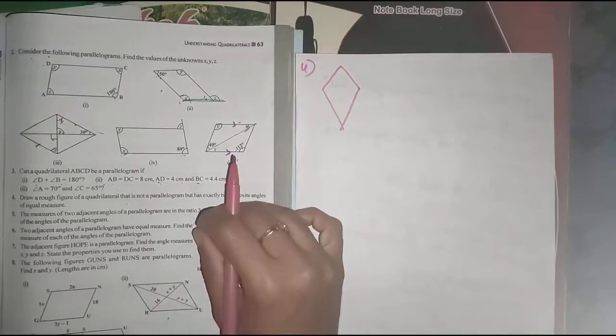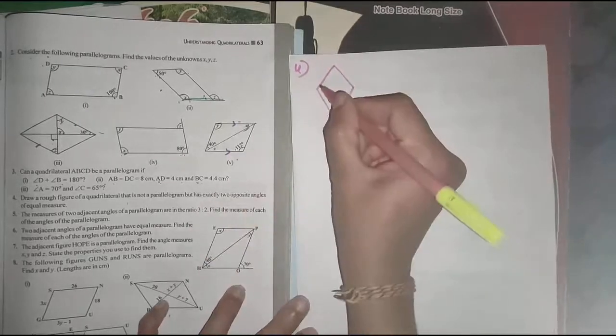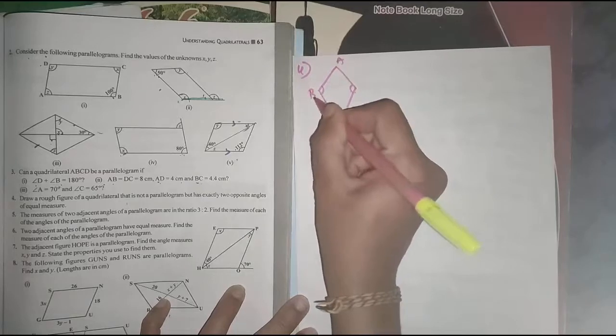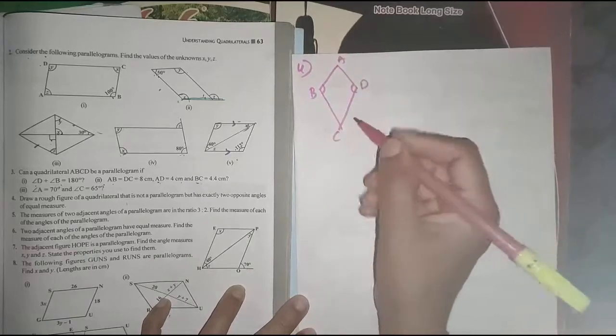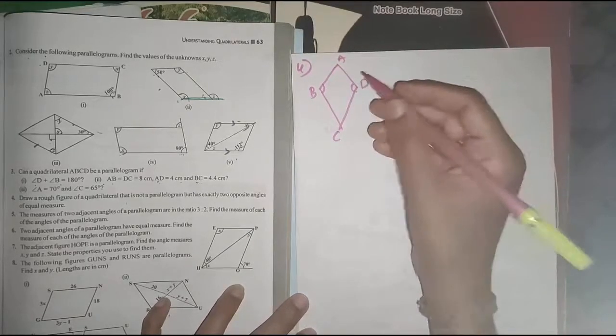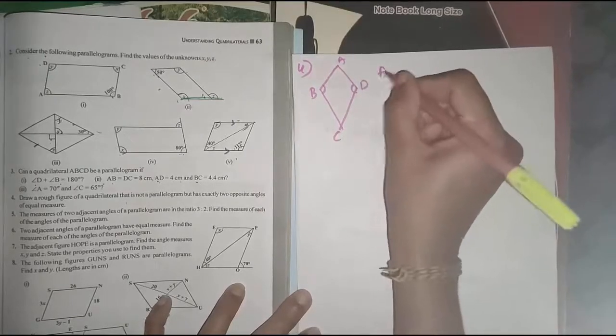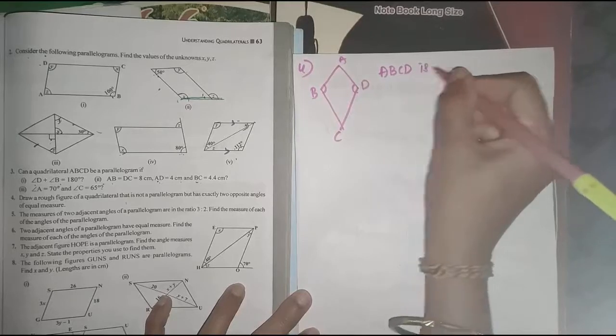Okay, so here this pair of opposite angles are equal. I call this ABCD. Here this is not a parallelogram, yes, the opposite sides are not equal. Yes, here ABCD is a kite.